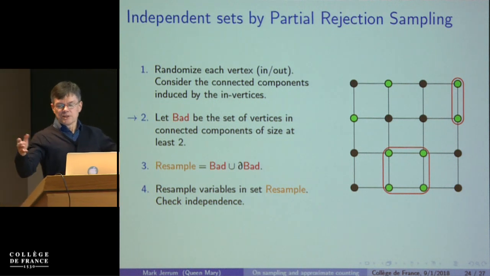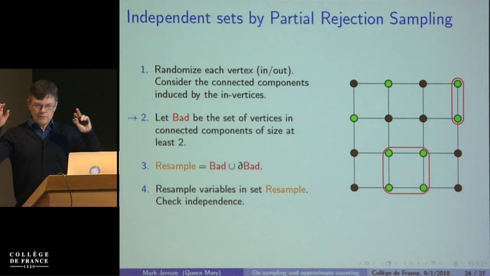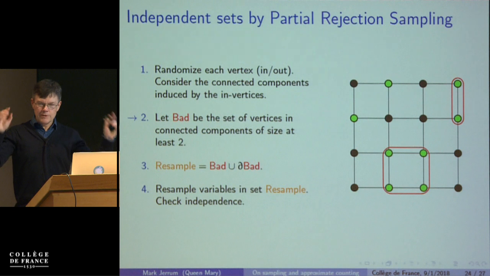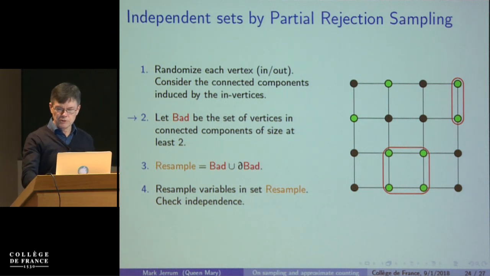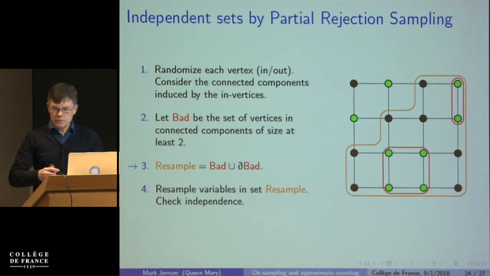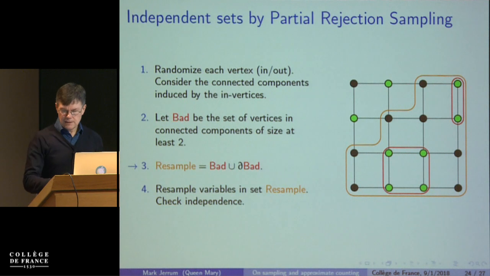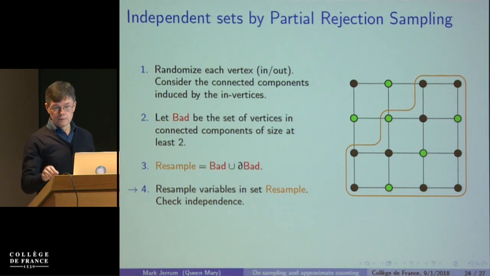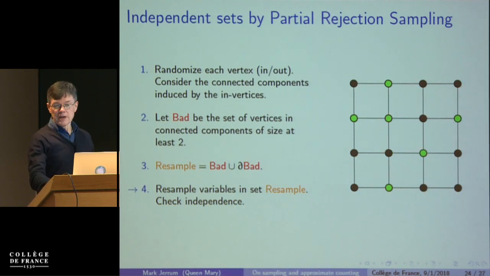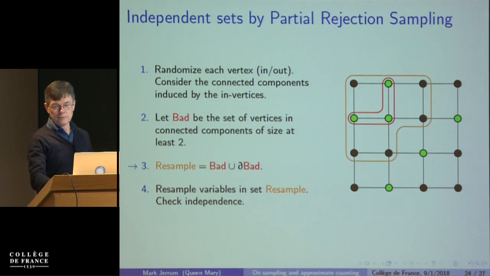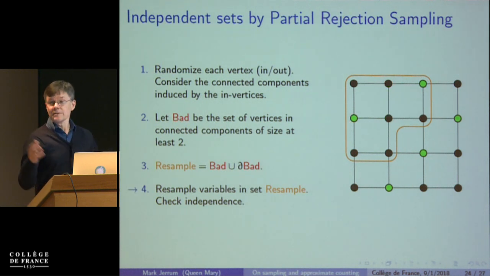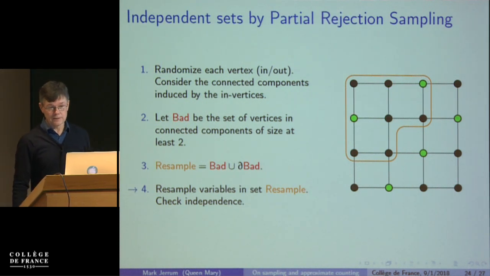And so you would like to throw those away and randomize just on the red bits. But that doesn't work, it gives you the wrong distribution. However, if you take the bad guys and the things which are adjacent to bad guys, and you randomize those, and you keep going, while there are bad guys, you expand out, you re-randomize. Now you're happy because that's an independent set.